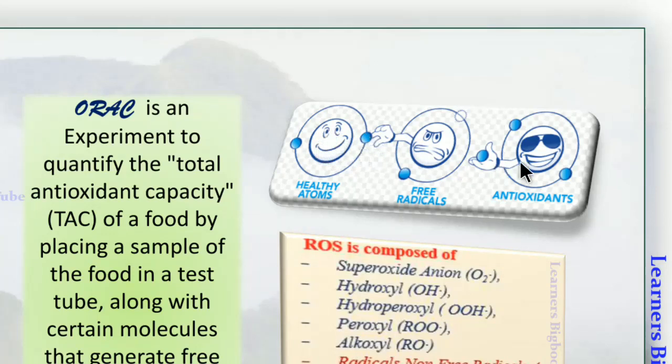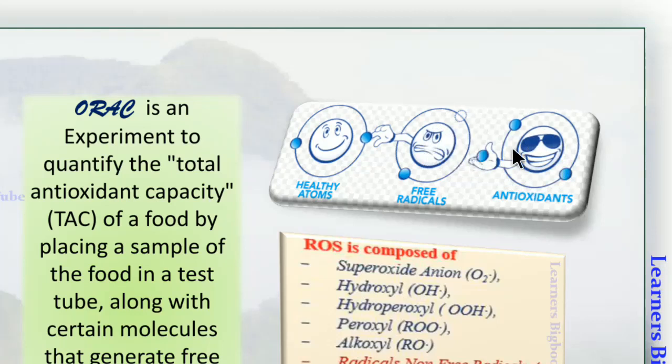Now here, when you add the antioxidant to the biological system or into your experiment, what will happen? This antioxidant is readily going to share its electron with the free radical, but when it shares the electron, the antioxidant remains neutral, and by sharing its electron with the free radical, it also makes the free radical neutral.